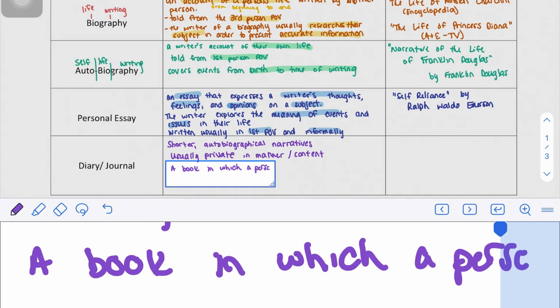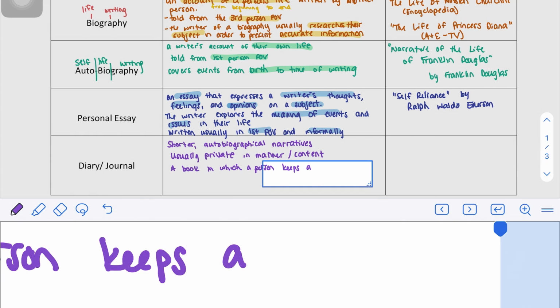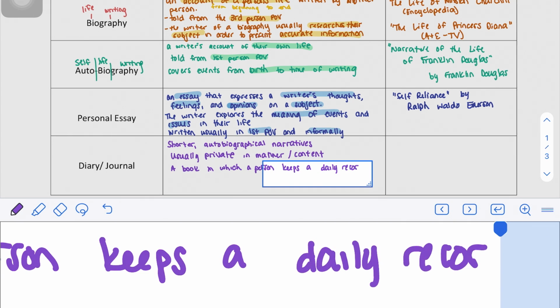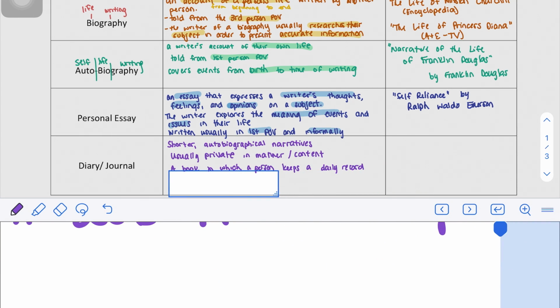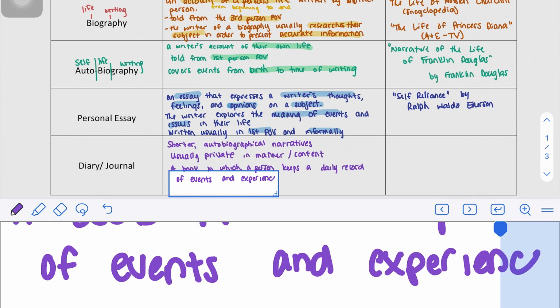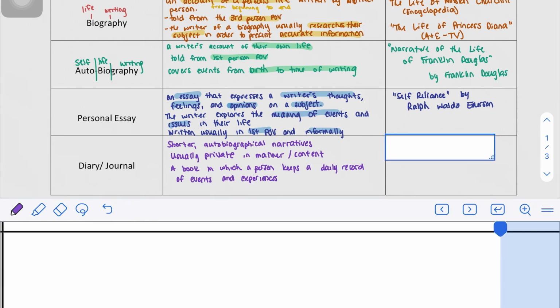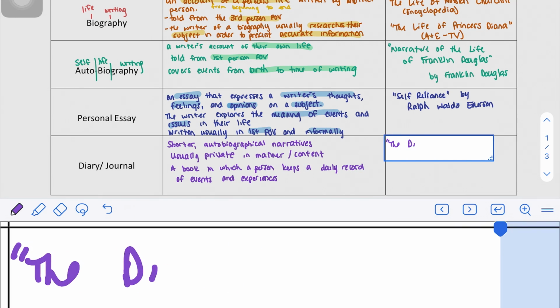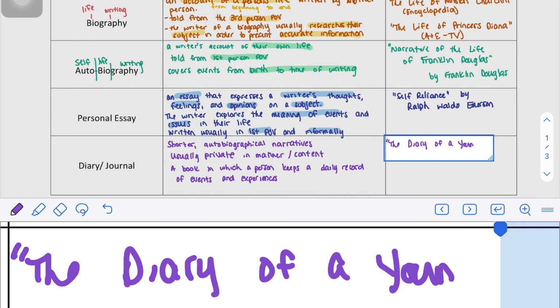Diaries and journals are unique because typically they're not published until a person's life ends, or if maybe they choose to. However, it is kind of like a snapshot of their point of view. An example of this is The Diary of a Young Girl by Anne Frank.